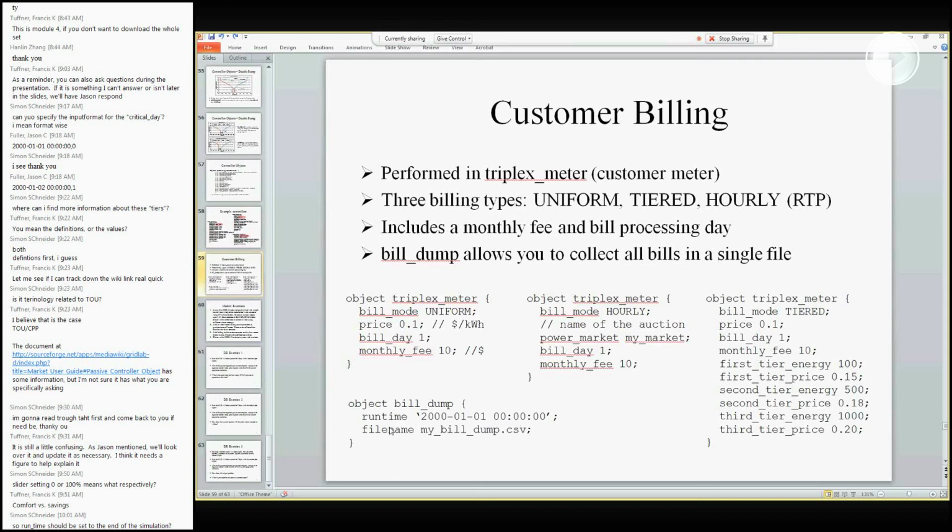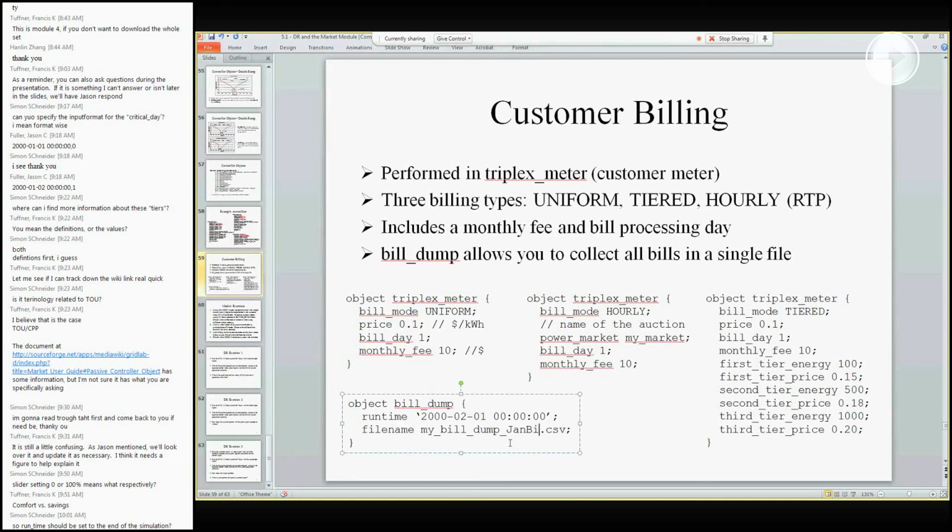So if you were creating an annual simulation from say January 1st to December 31st, the very first bill dump you would create would be something that would look like this. It'd be actually on February 1st, and that will produce effectively the January bill.